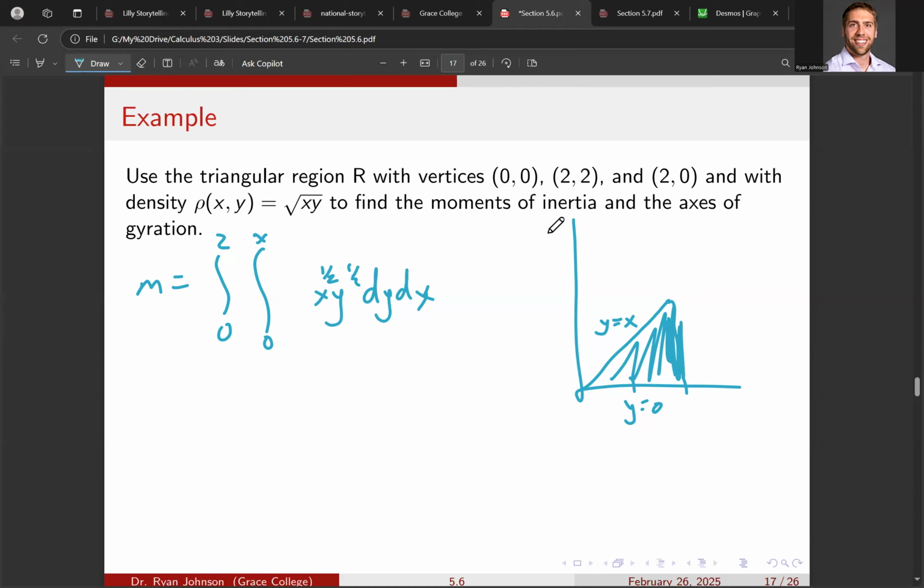Now let's find all 3 moments of gyration. I'm going to do it up here.